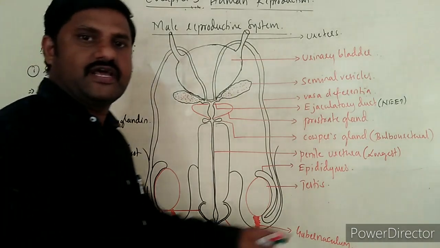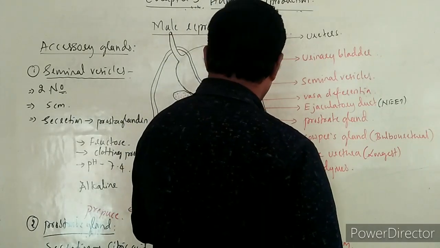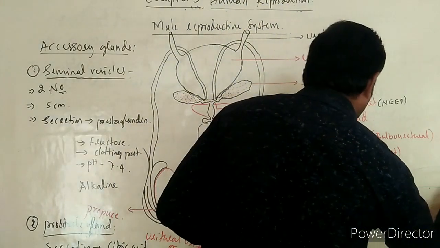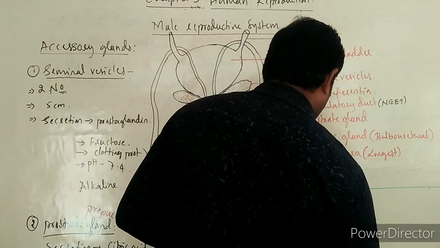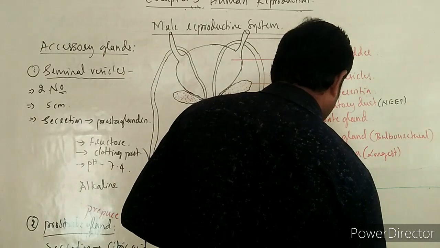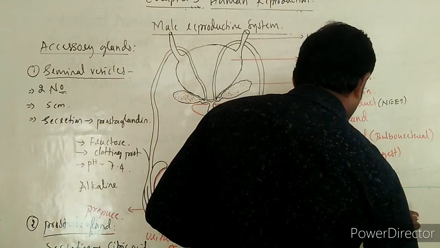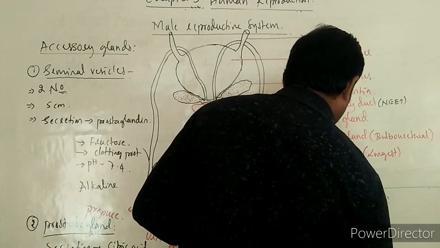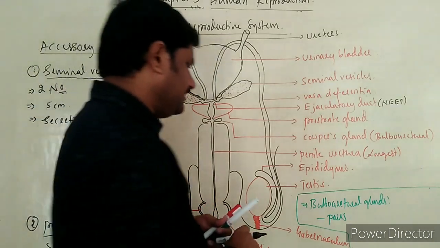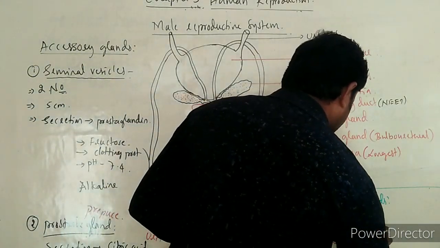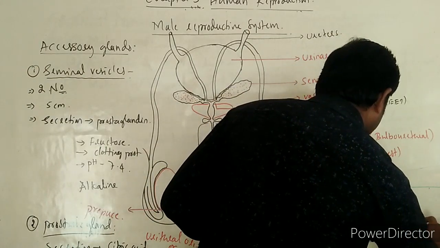And one more gland I shall write here itself, and that gland is the bulbourethral gland. These are also in pairs, and they mainly secrete mucus.